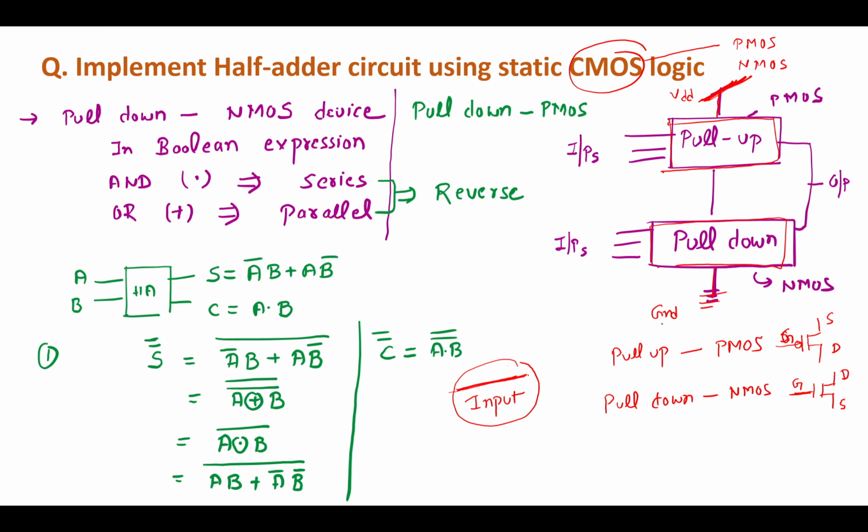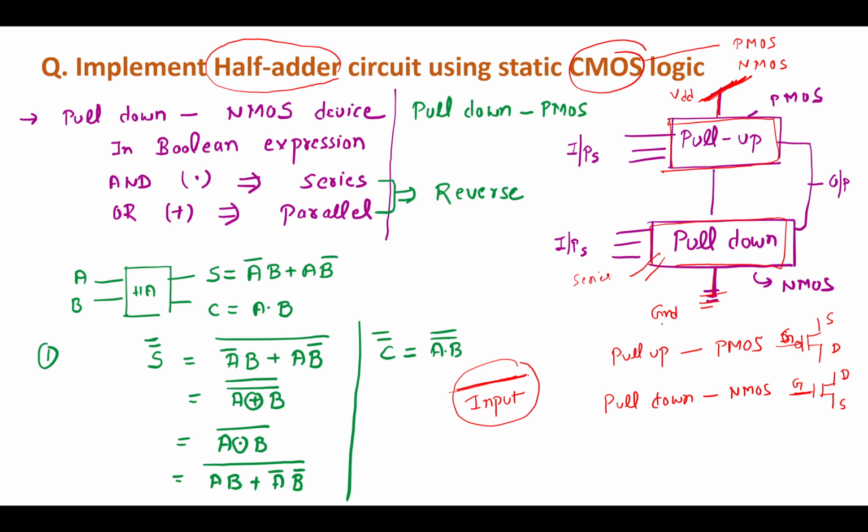Fine. Now we come to the designing part. In this question we have to design a half adder circuit using CMOS logic. We know very well we have to design a pull up network and a pull down network. Mostly in the pull up and pull down networks there are series and parallel connections.